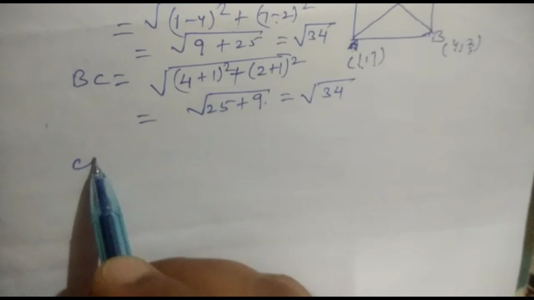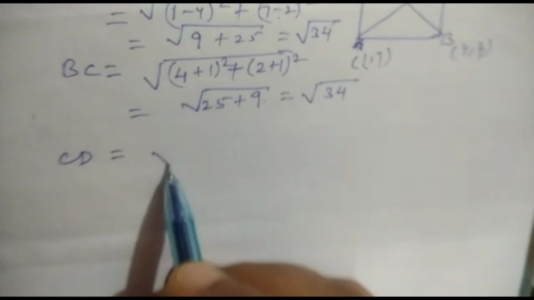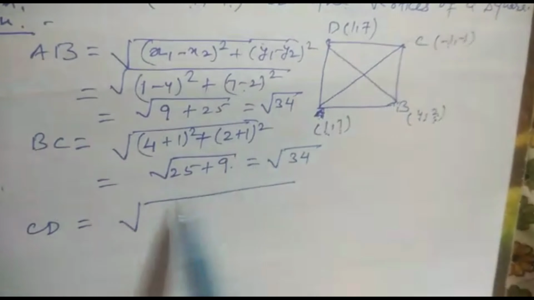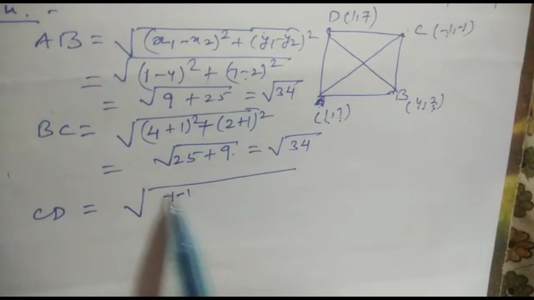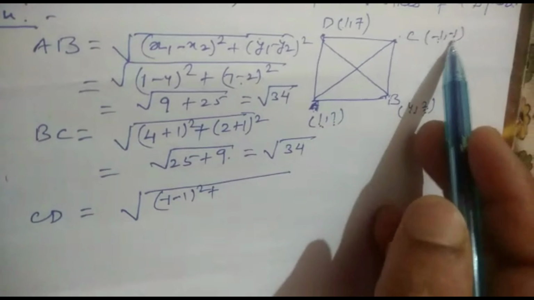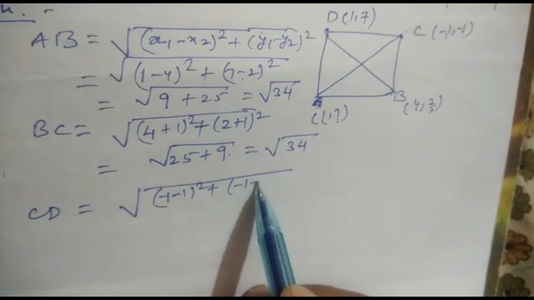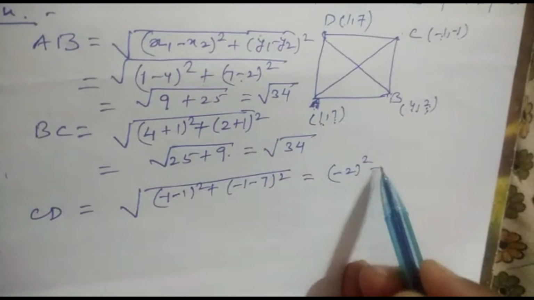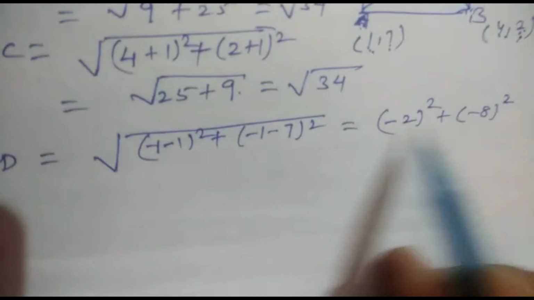Now I will find CD. CD equals under root (x1 minus x2), that is (-1 minus 1) whole square, plus (y1 minus y2), (-1 minus 7) whole square. This is -2 square and this is -8 square.